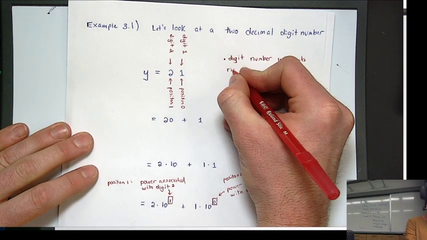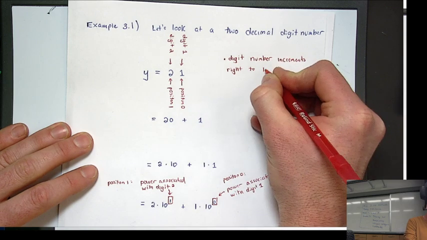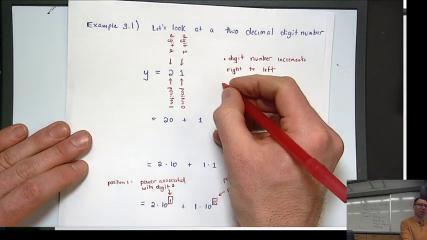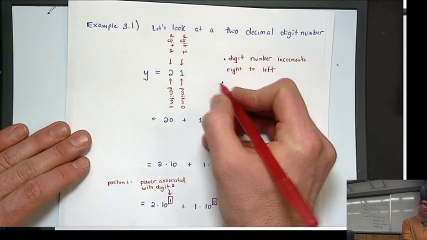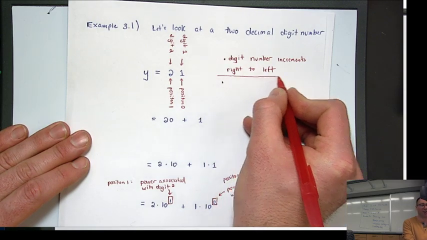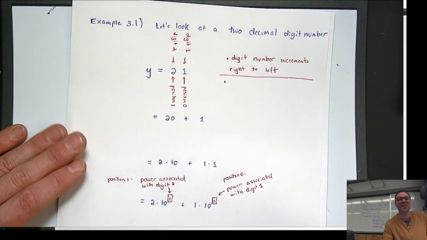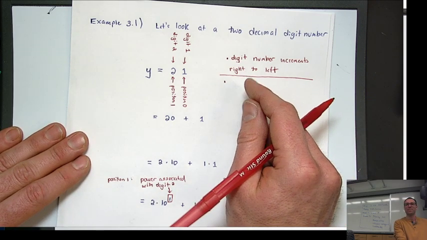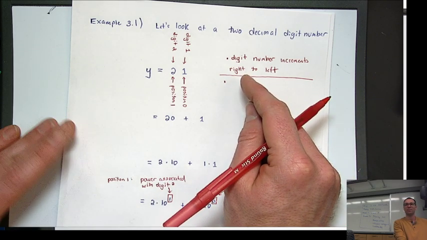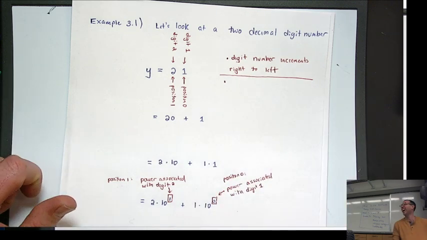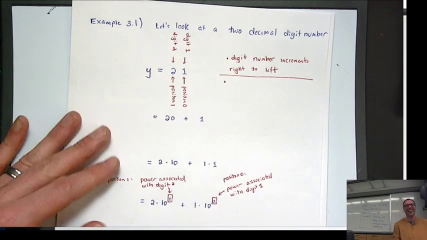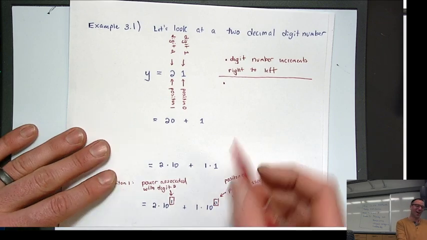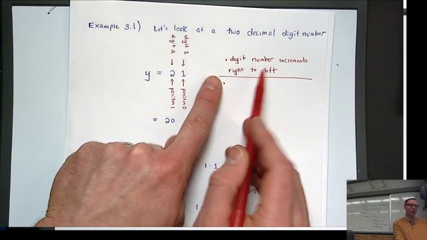Yeah, right to left. And who says Americans can't read from right to left? All right. So the digit number increments from right to left.